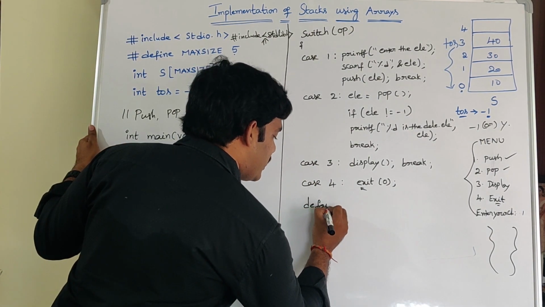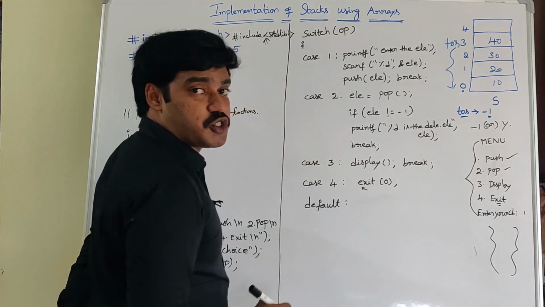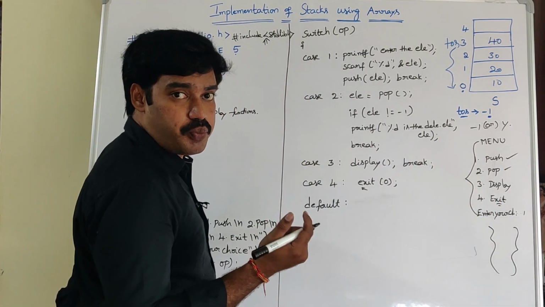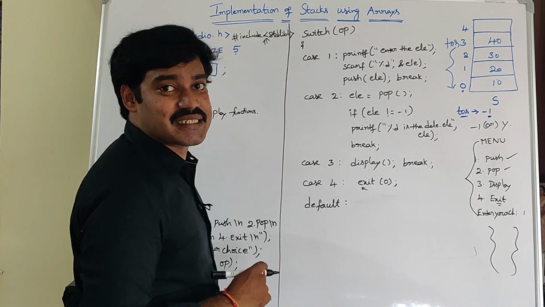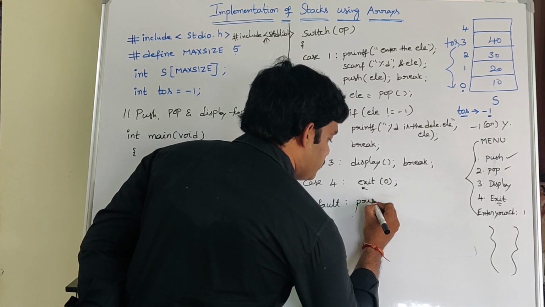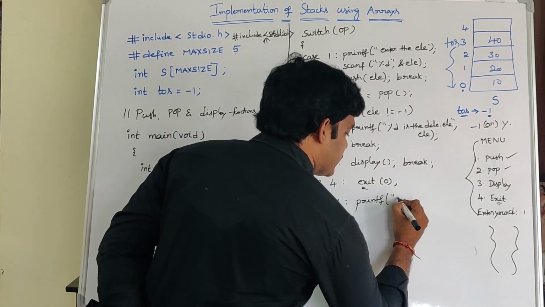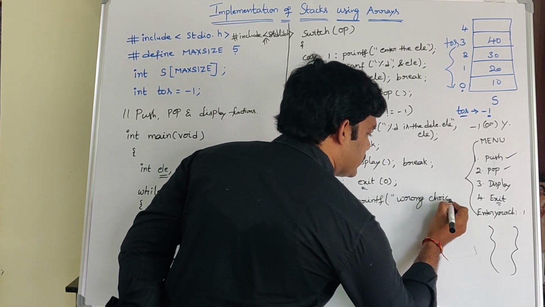Next, default. If the user enters something other than these 4 choices, that is 1 push, 2 pop, 3 display, 4 exit. Suppose the user enters the choice as 6. Then printf wrong choice.